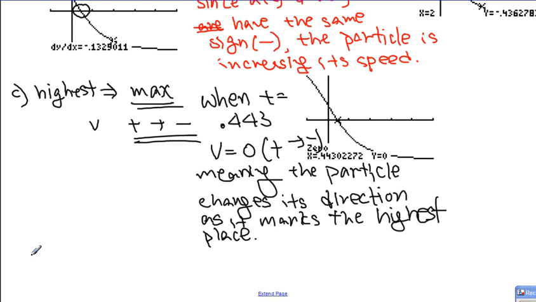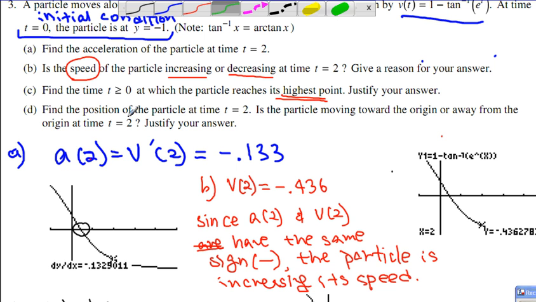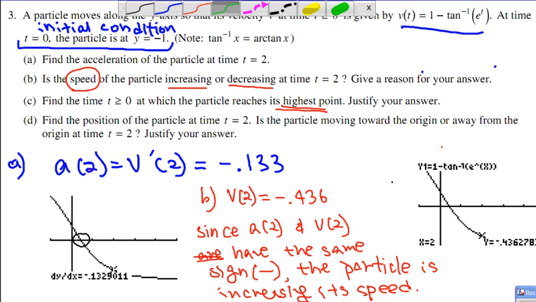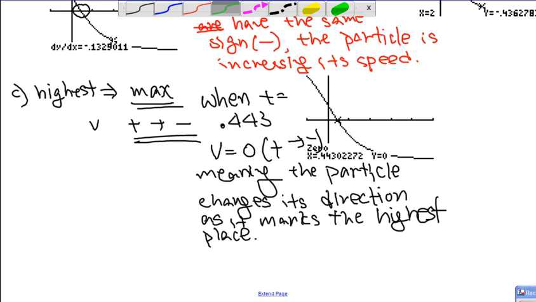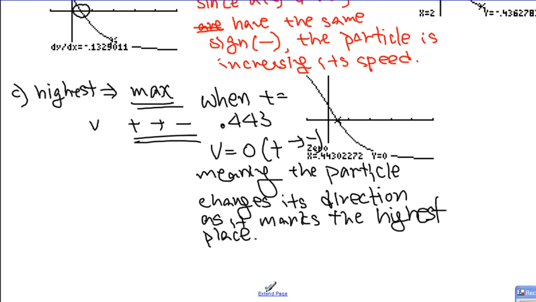Now, that was C. Now let's go for D. I'll use the green. Find the position of the particle at time t equal to 2. Now, we can find the position knowing that originally position was -1. We can approach this one in a couple of different ways.